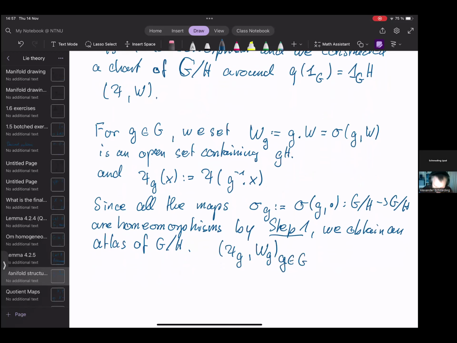Okay. Now, of course, we have to see that this atlas is smooth. We have to compute the change of chart maps.